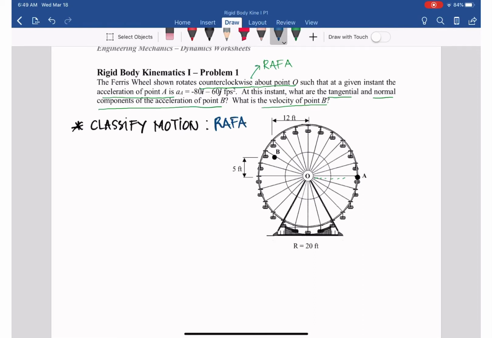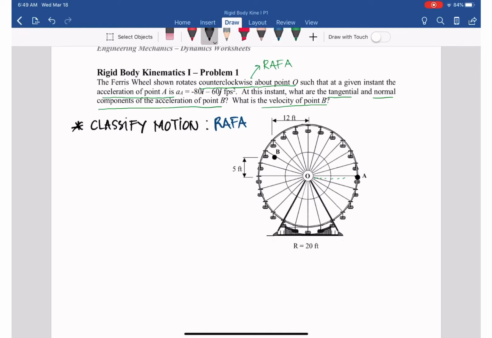So the first step to solve this problem, the question asked is the acceleration of point B given point A. And like I say, if it gives a point, you cannot jump to another point property. You need to find out the body properties. So the first step I want to do is find out the body properties of the Ferris wheel.